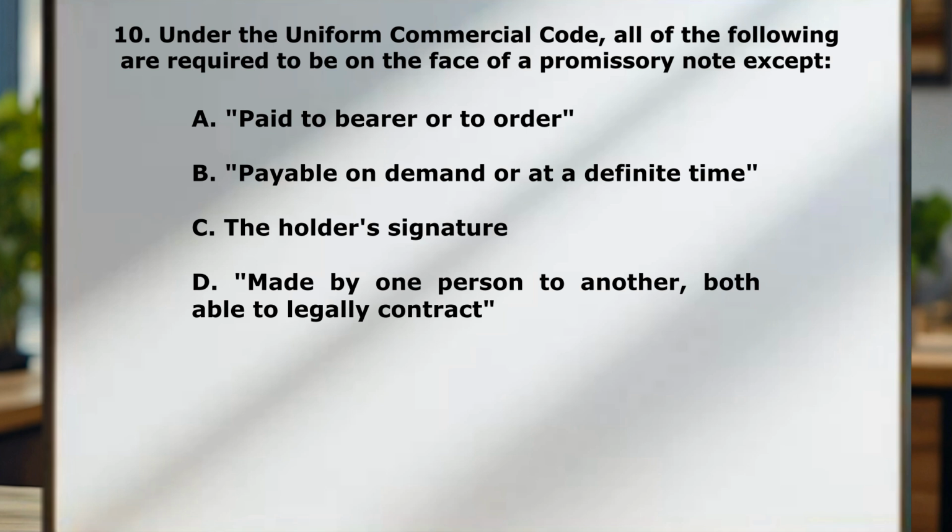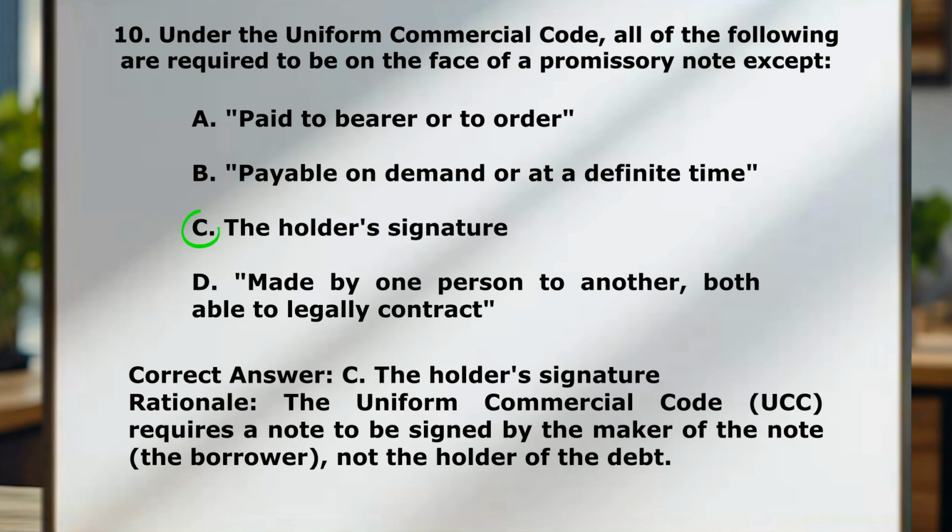C, the holder's signature. D, made by one person to another, both able to legally contract. Correct answer here is C, the holder's signature. So the UCC requires a note to be signed by the maker of the note, the borrower, but not the holder of the debt.